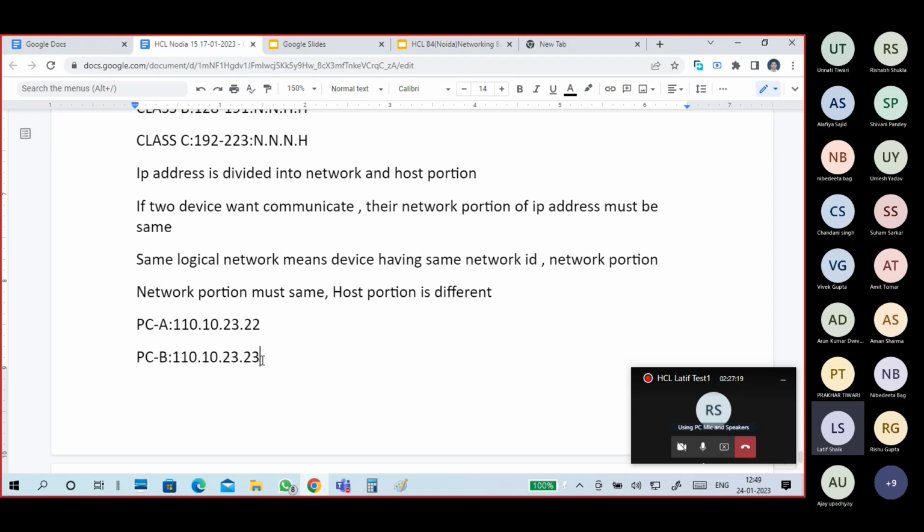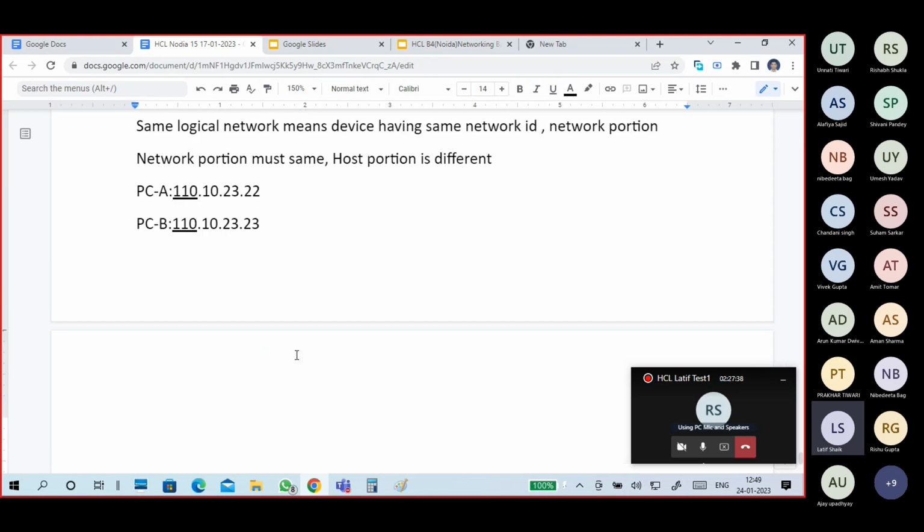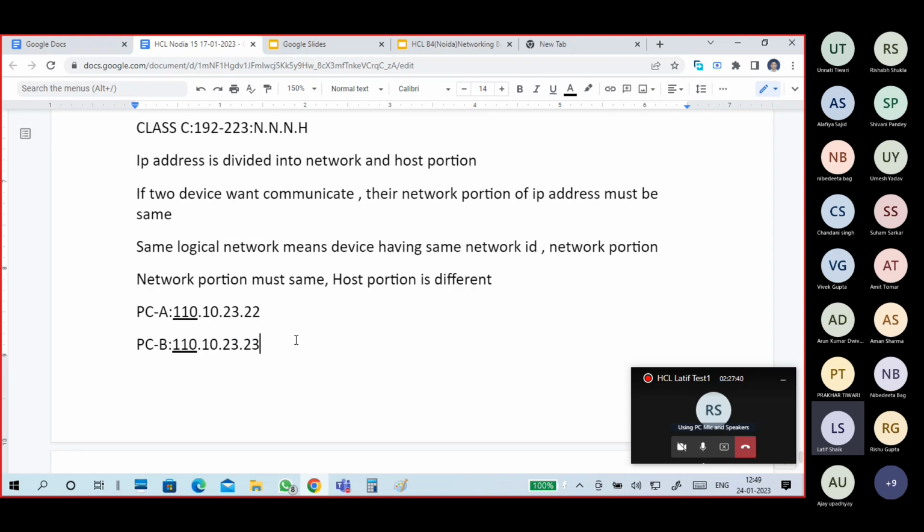It is enough that any one host portion is different, since both are different devices. They should not be the same, should be different in the host. Network must be the same. So this is the network portion. Both network portions are the same, so both IP addresses can communicate with each other.